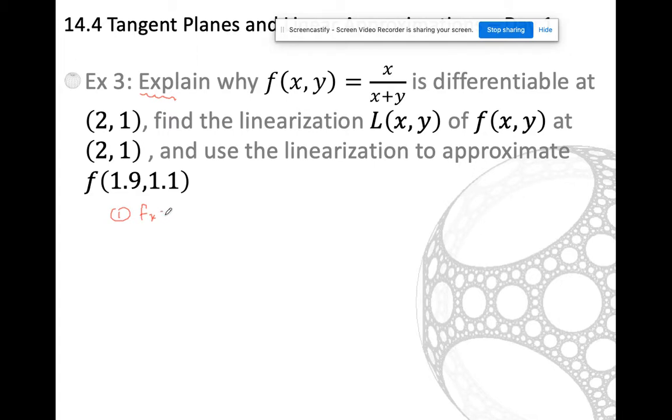Find the partial derivative with respect to x at 2, 1, and the partial derivative with respect to y at the point 2, 1. So I have a quotient here, right? Remember though that y is a constant, so this is like x over x plus 4. So what is my derivative?